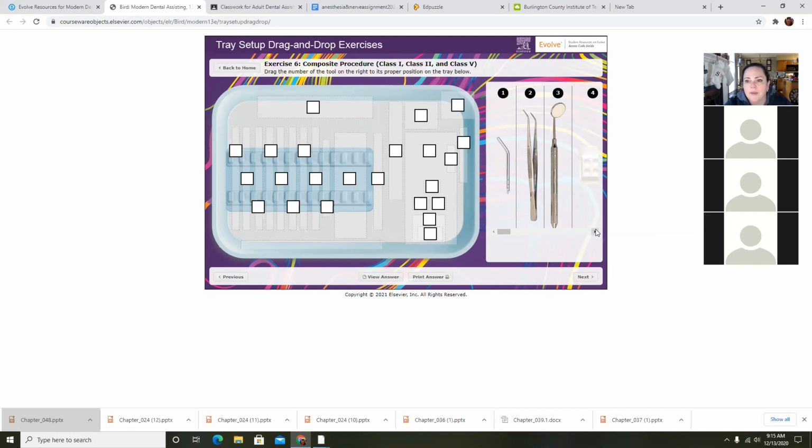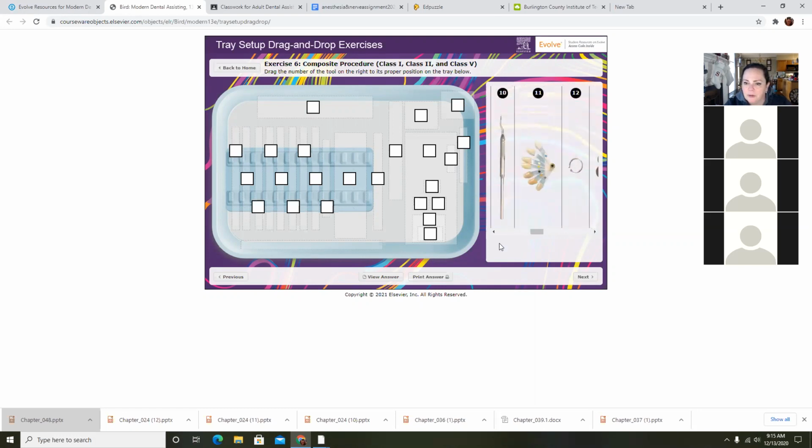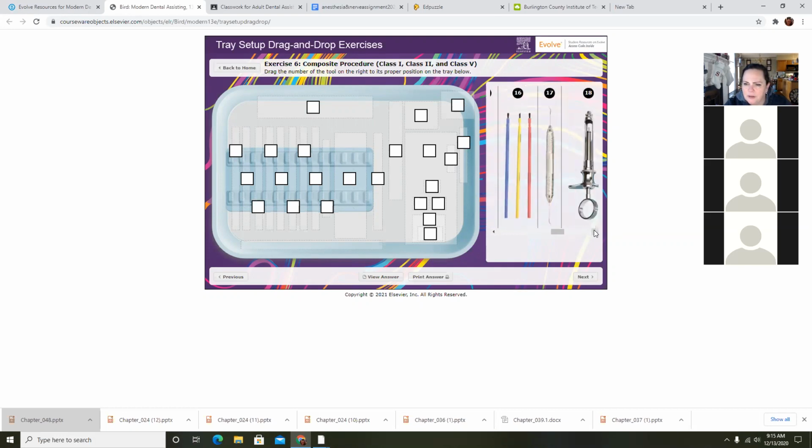Cotton pliers. And what's number 3? A mirror. And in addition to those, what's number 17? It's a type of one of these. Scaler. Not a scaler. Look how skinny it is.